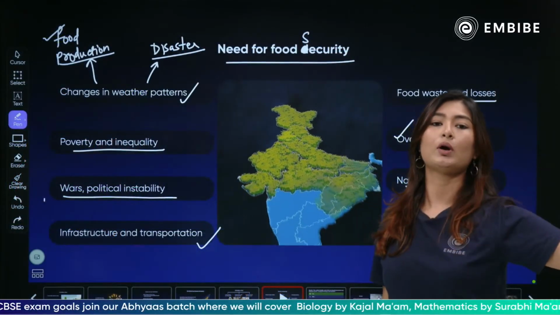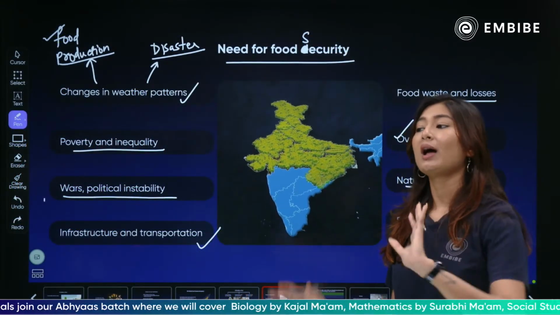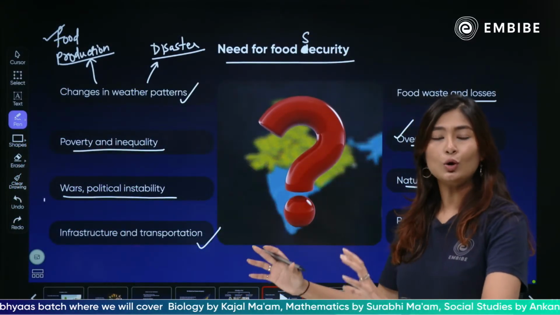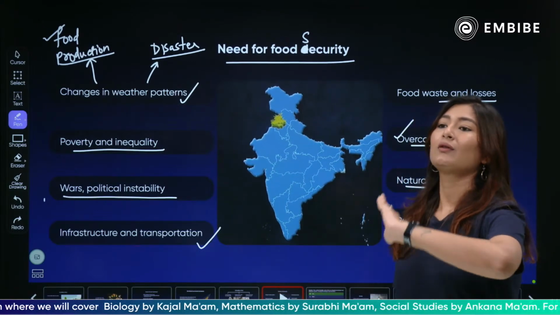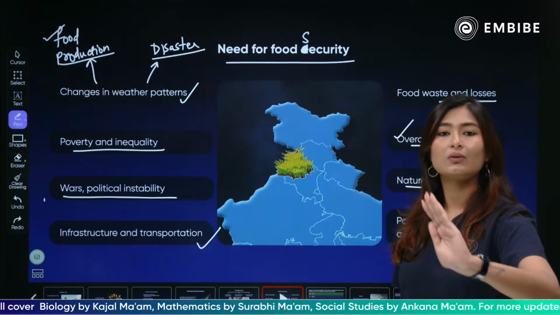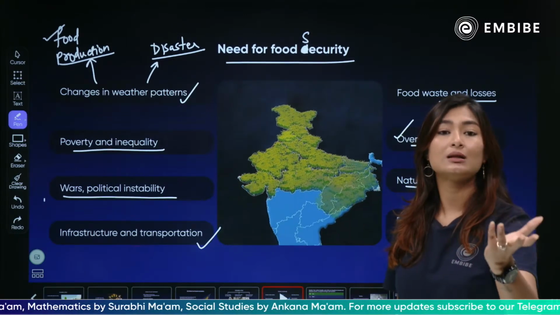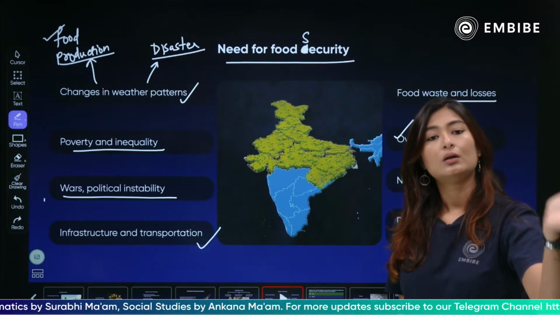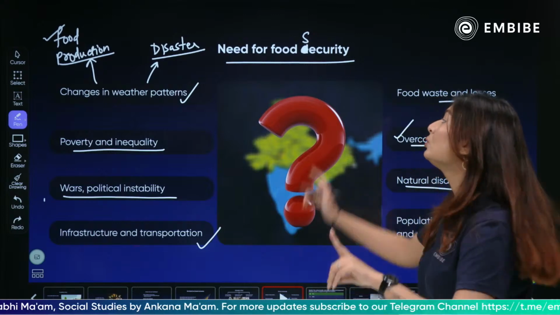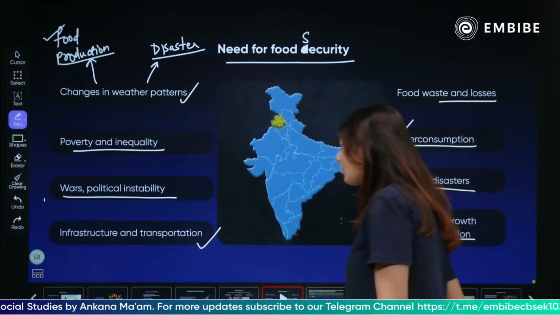In order to avoid all of these things, it's best to have proper grains stored as a backup that can feed your population for 2 years, 3 years, and in this 2-3 years you can figure out a way to produce more grains to supply to your citizens. That is why you need food security, right?